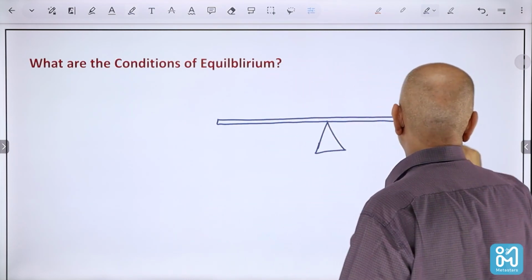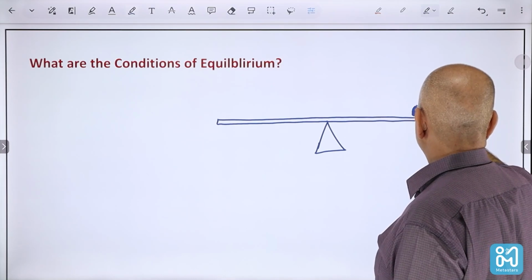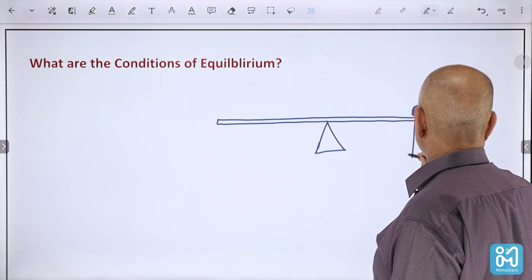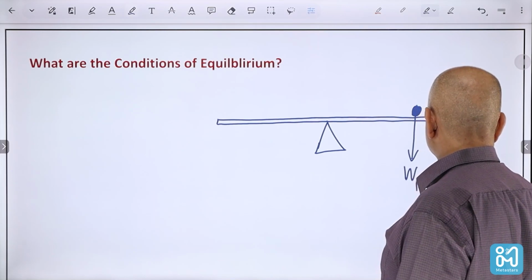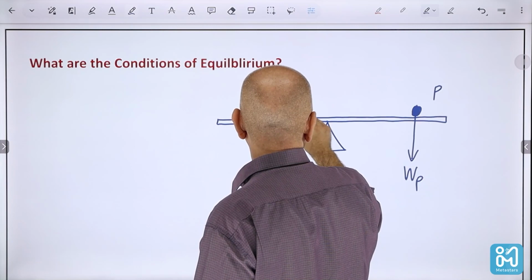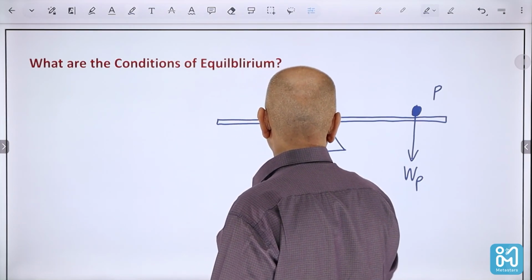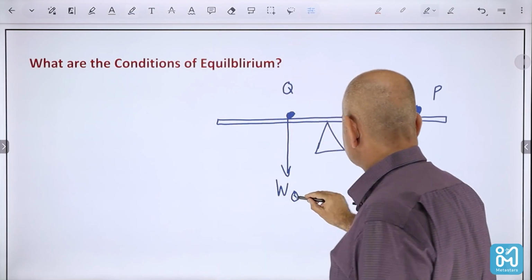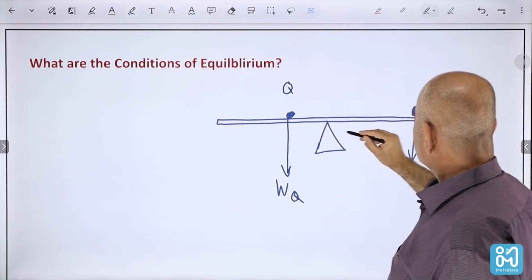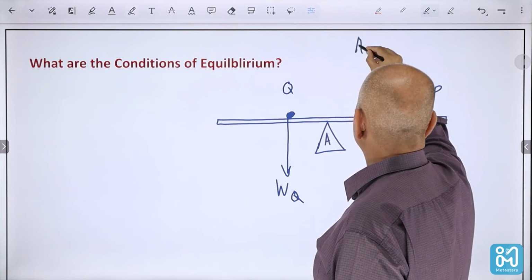Now let's say that there is a particle over here, and that's particle P, and this is the weight of P. And we have a particle over here, Q, and this is the weight of Q. And I'm going to think of this point, point A, as the pivot. A is my pivot.